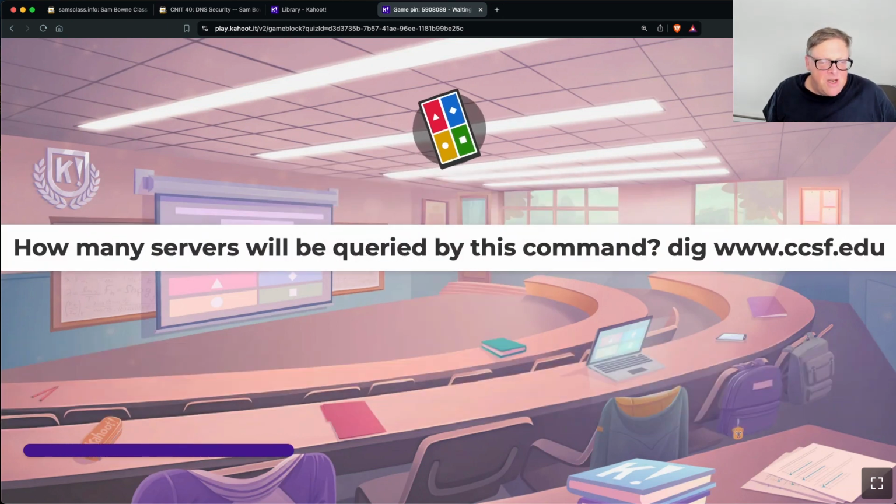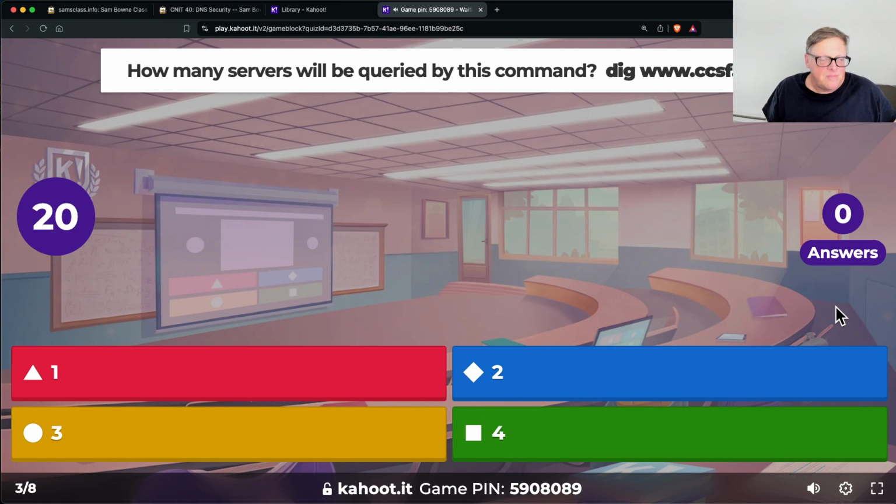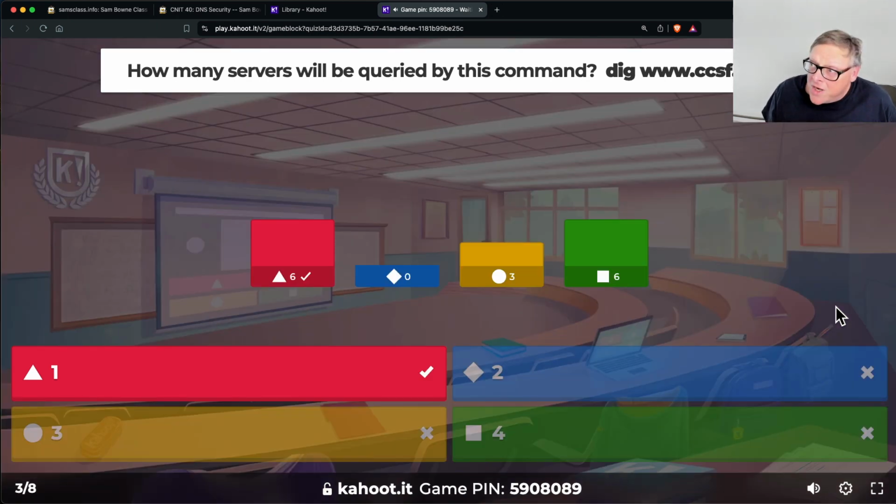All right, how many servers will be queried by that command? Usually just one. You will ask your router, and your router will ask one server, and usually the first place you go has it, and you don't have to go any further.